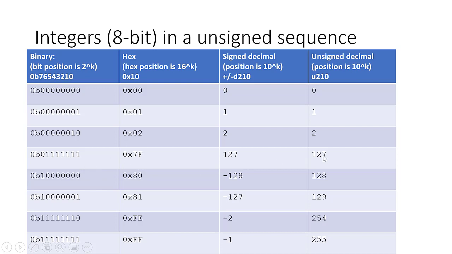So that's where you go from 127 to 128. You continue with adding a 1, and that would be 129, and then you jump all the way to 254, and that would be all ones except the last place, and then you finish up with going to all ones.